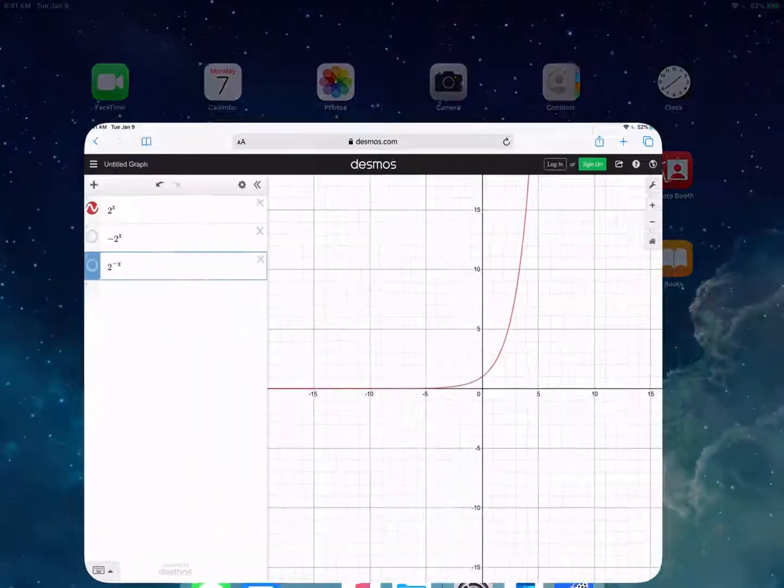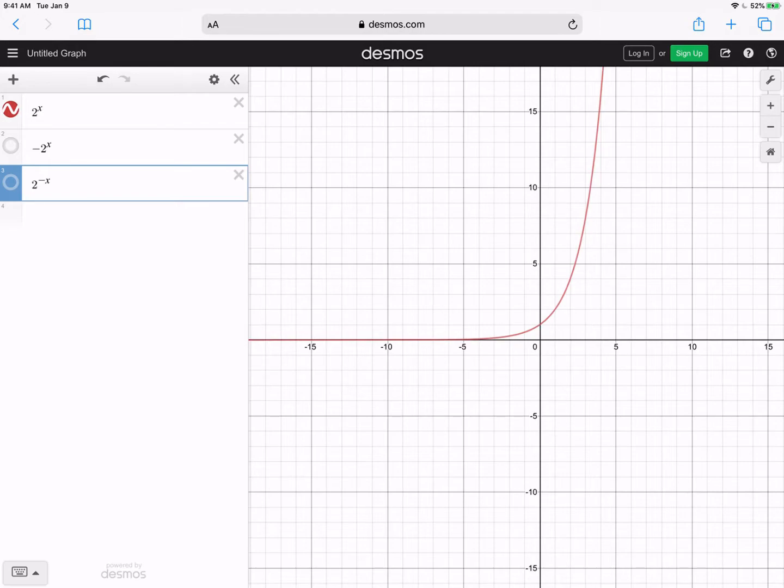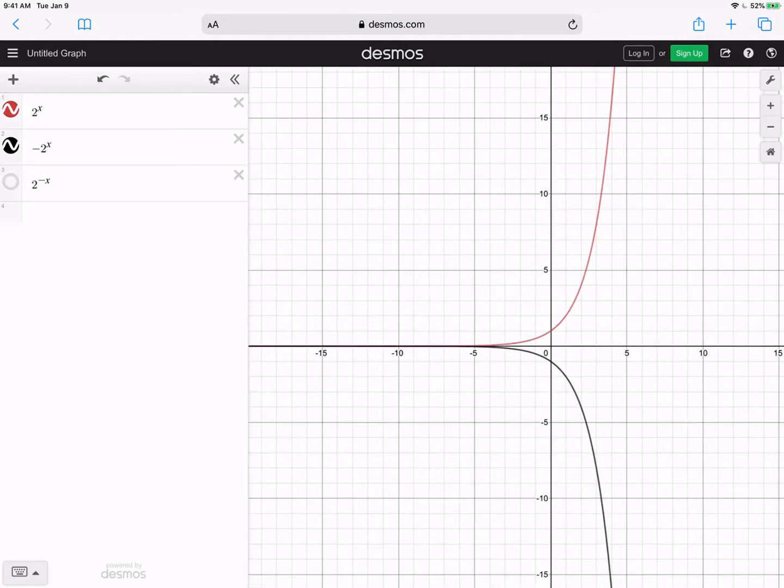Okay, so we're going to come to Desmos, and here's our base function, f of x is equal to 2 to the x. So the next function we're going to graph is f of x is equal to -2 to the x, so multiplying the output by -1. And we can see what's happened is the original function has been reflected over the x-axis.